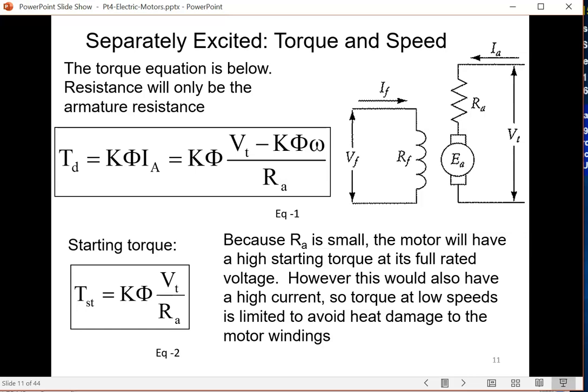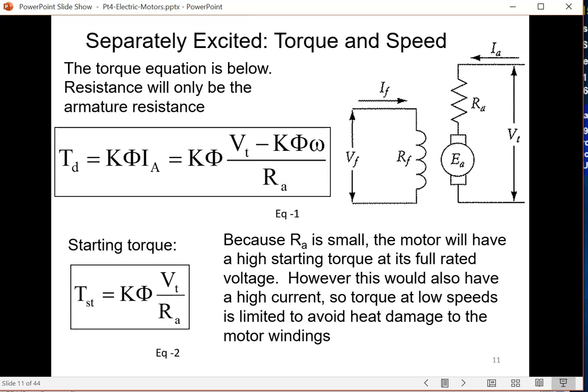Okay. If you apply a high voltage or the full rated voltage, the current can be very high because there's no back EMF. So the Vt over R that produces armature current can be quite high or very high if you apply a high or rated voltage. This current tends to be a lot higher than the rated current, the current level the machine can tolerate before it becomes too hot.